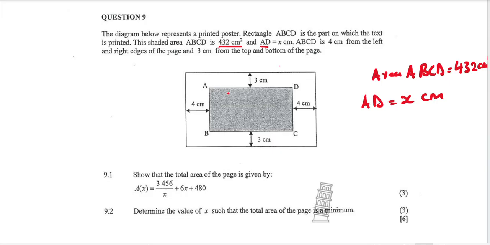Since we know that AD is x centimeters, we also know that BC is also x centimeters. Why am I saying that? Since it is a rectangle, in a rectangle this side is equal to this side and this one is equal to this one.